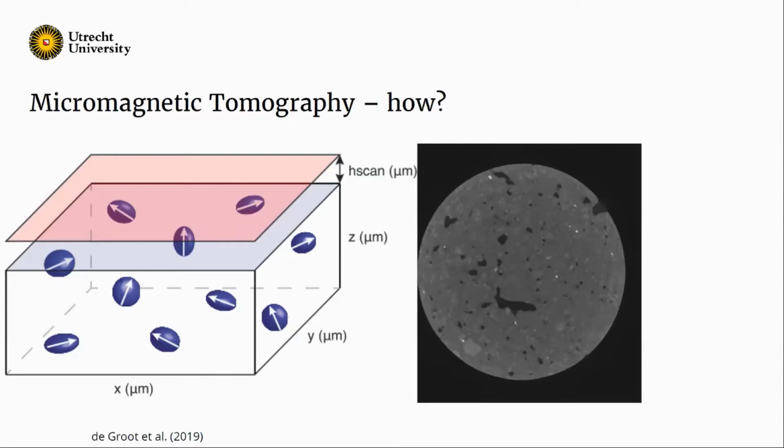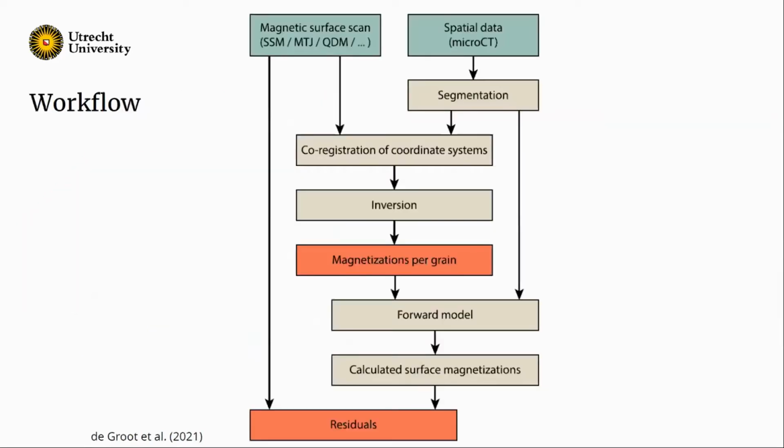And hopefully we can discard the bad recorders and just have a look at the good ones and get better and more precise information than in bulk. Currently this is our workflow. We start with a piece of rock, we make a magnetic surface scan and we collect spatial data. We co-register these, so that means we just combine them, and that is a lot more difficult than it sounds. And we invert and we end up hopefully with a direction and strength of the magnetic field.